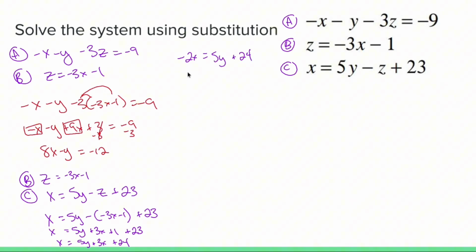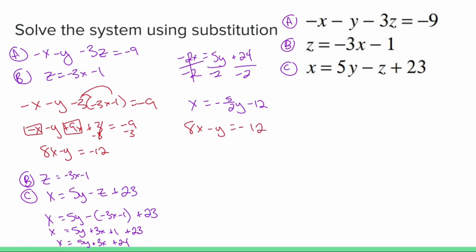Divide everything by 2, and that gets me x equals negative 5 over 2 y minus 12. Now that I know x equals negative 5 over 2 y minus 12, and I already have this equation in red, I can create this system of equations to help me solve for both x and y.